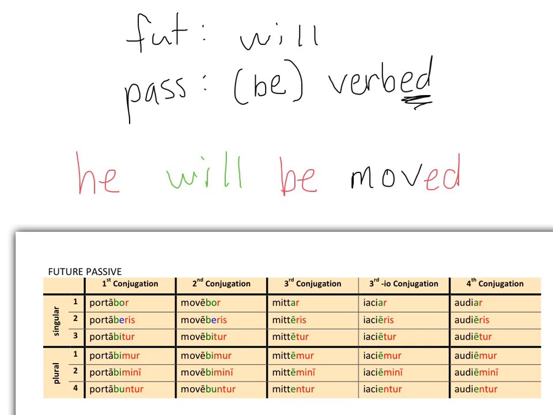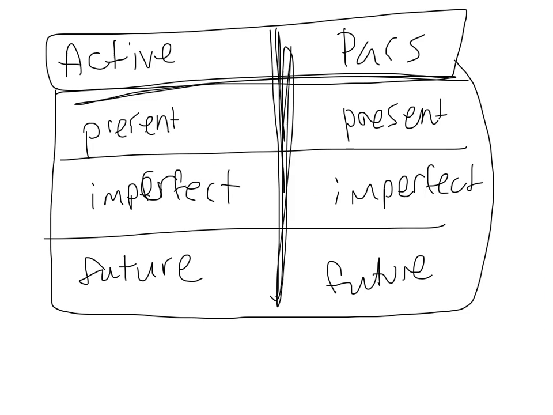So you have a worksheet to go through and conjugate, not just in the future though. First on the worksheet, you are going to do the active voice. So that's our o or m, s, t, mus, tis, nt endings, plus in the present, that's just stem plus vowel plus endings, the imperfect where we add the ba, and the future where we add bo, bi, bu, or a and e.